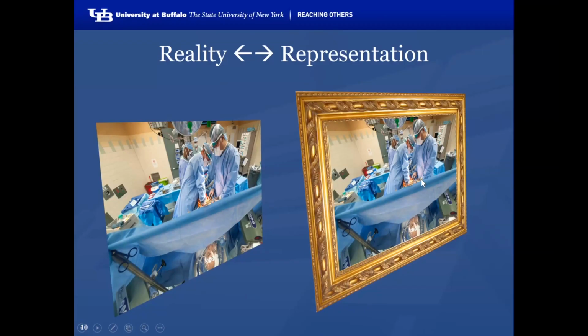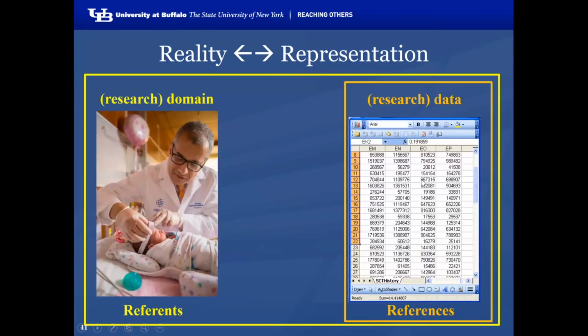For videos and for pictures, it's pretty clear. But it is also the case for data. When you are collecting data about reality and you represent what you observe in reality by means of numbers or terms or whatever, so you use spreadsheets for that, this is representations, that is reality.